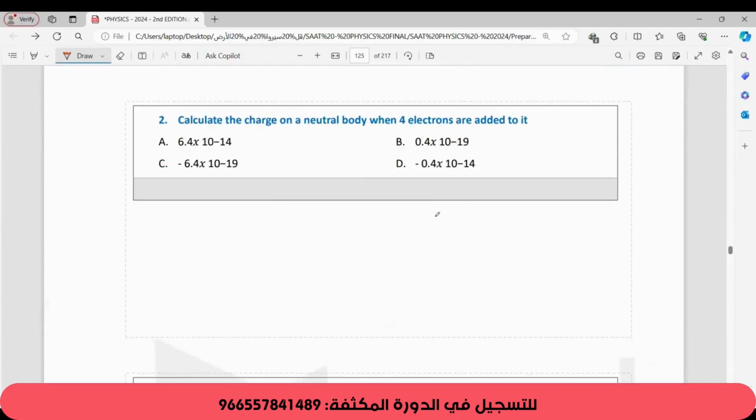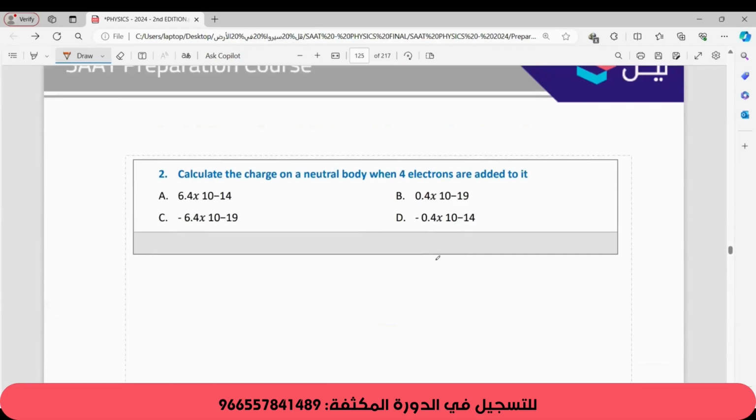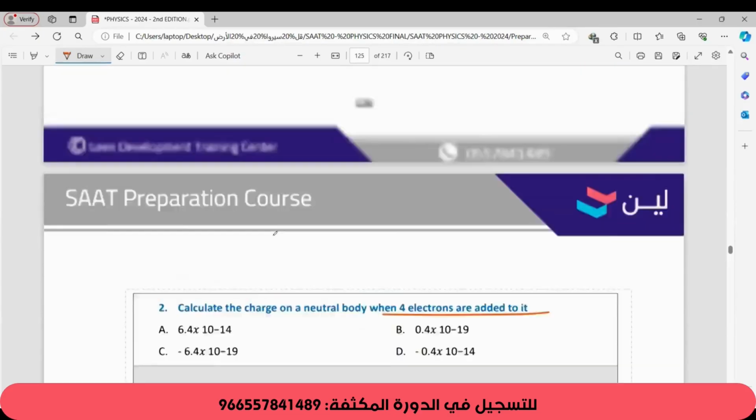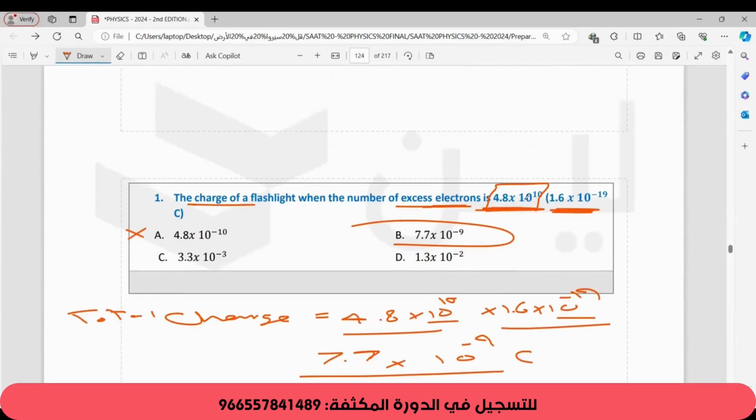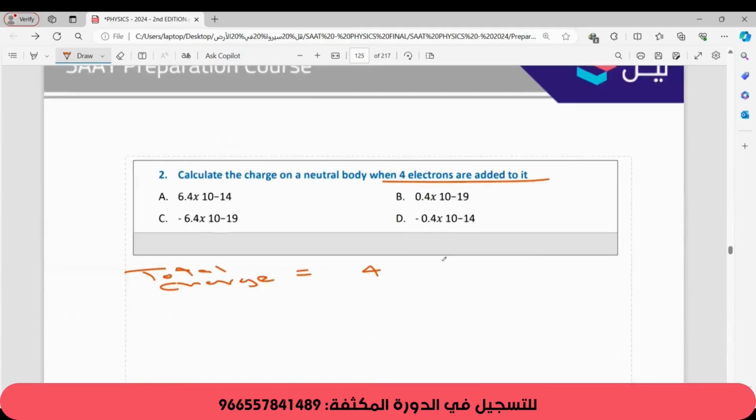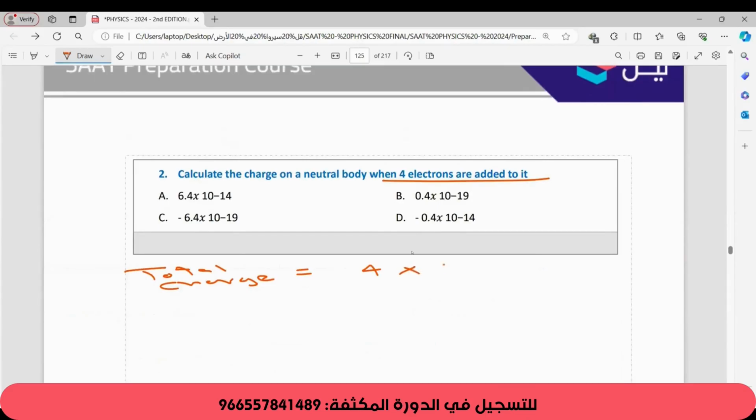Now let's see question number 2. Calculate the charge of a neutral body when electrons are added to it. I think it is the same principle. We have the total charge. It is 4 electrons. Only 4 here. In the last question we had 4.8 times 10 to the power 10, so many electrons, but here only 4, a very small number of electrons, times 1.6 times 10 to the power minus 19.